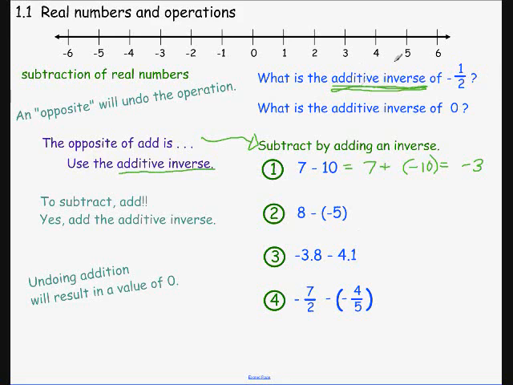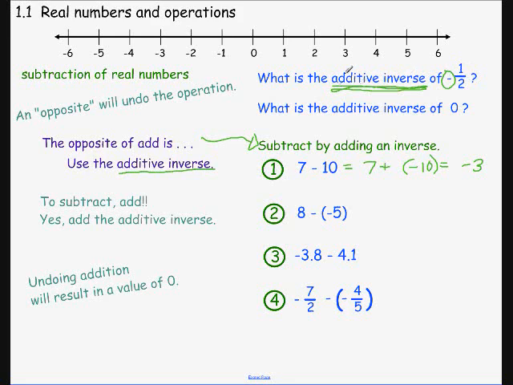Let's go back up here and talk about additive inverses for a moment. What would be the additive inverse of -1/2? The only thing that's going to change with an additive inverse is its sign. If we were talking about a multiplicative inverse, then we would take the reciprocal.